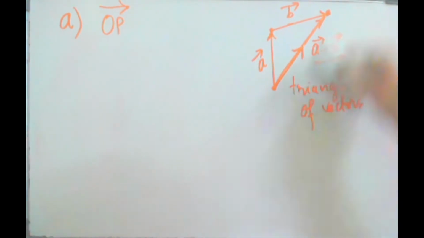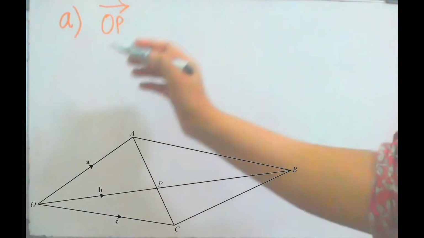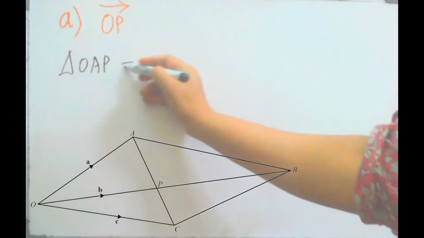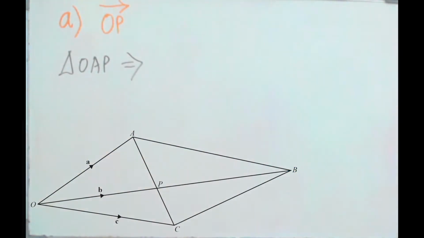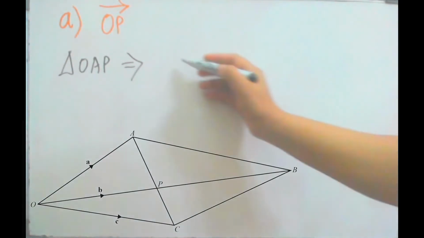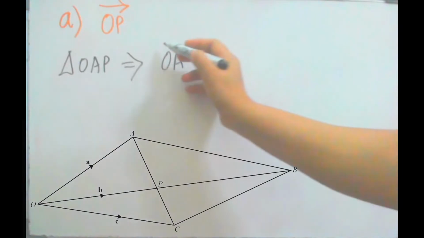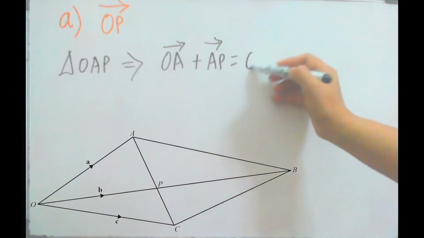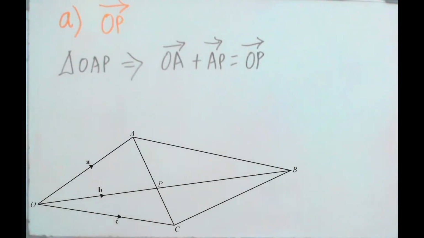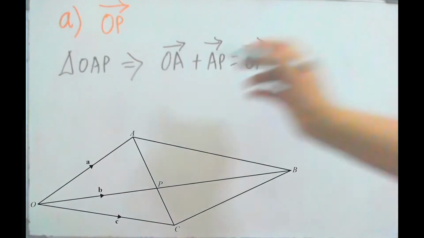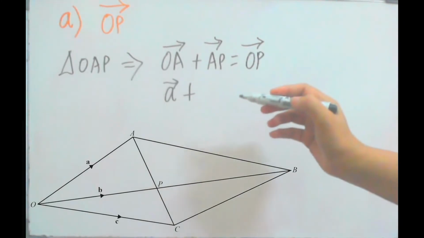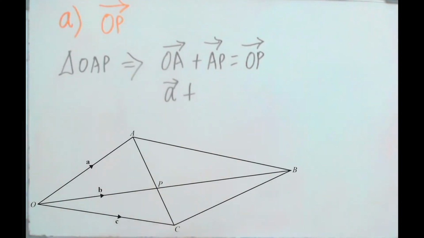So we will apply it here. Let us consider the triangle OAP. In this triangle, we apply the formula OA plus AP is equal to OP. Alright. So OA is vector a, AP is part of the vector AC, and AP is 3 parts, PC is 2 parts.